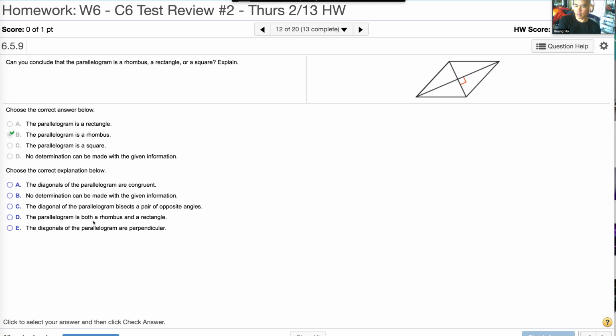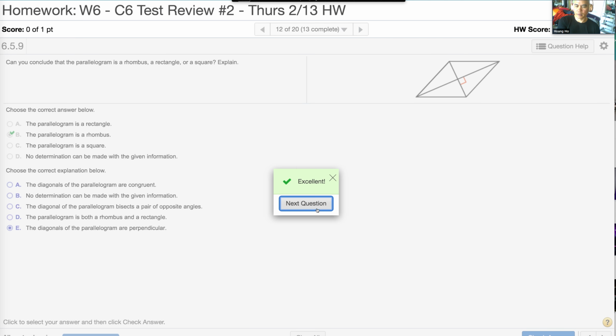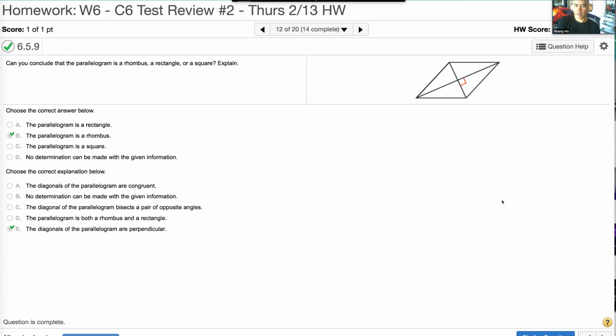The parallelogram is both a rhombus and a rectangle? No, it's not. The diagonals of the parallelogram are perpendicular. That's it. All right, perpendicular. I just check it. To be exact, in this question they also need to say that the two diagonals bisect each other. Okay.